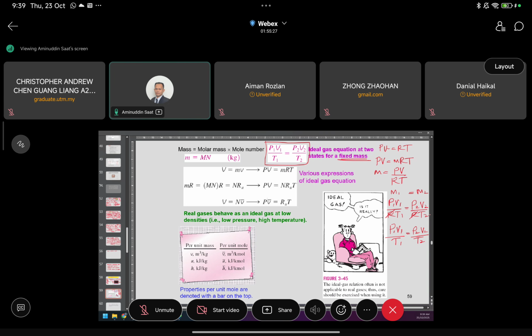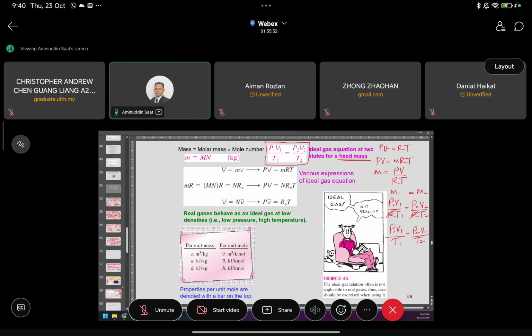This equation is quite commonly used when you are dealing with the same gas and different processes with constant mass. Sometimes constant volume can be changed as well, depending on the situation.